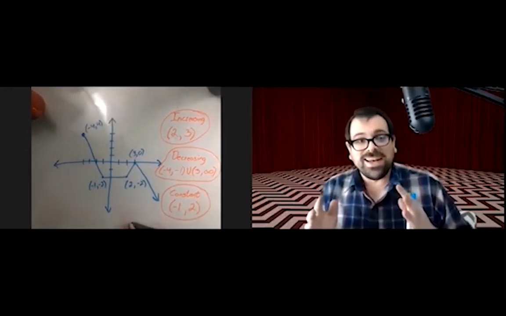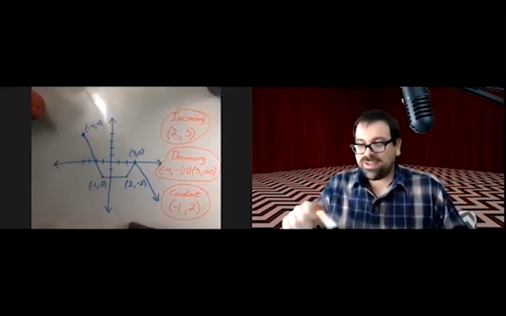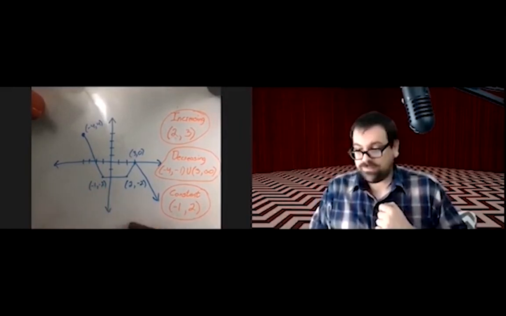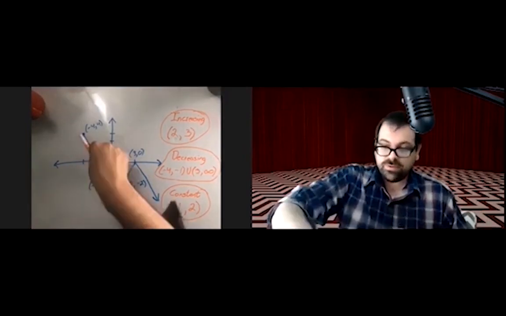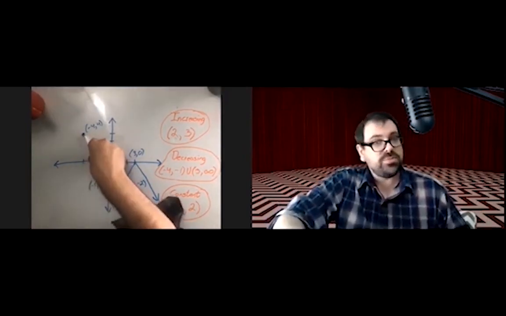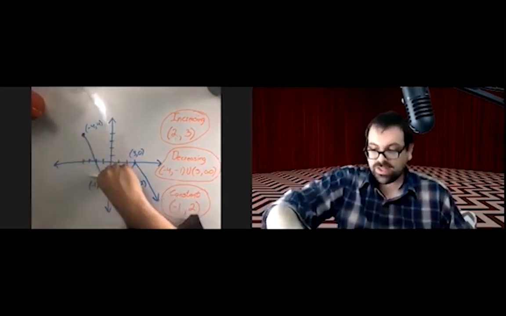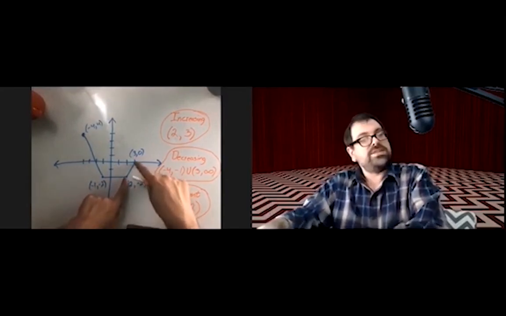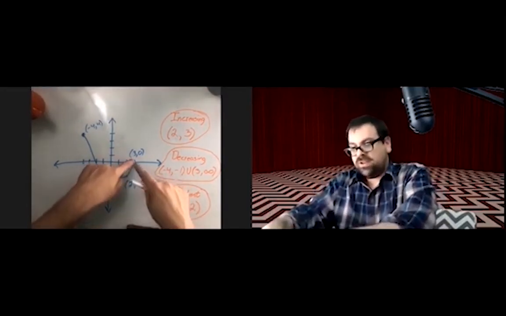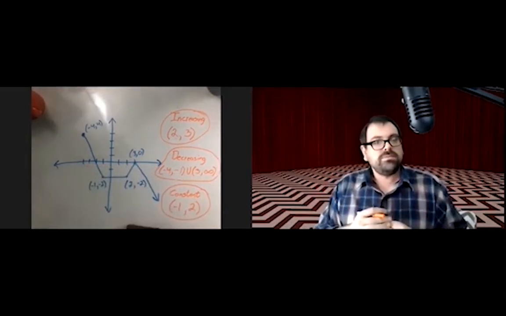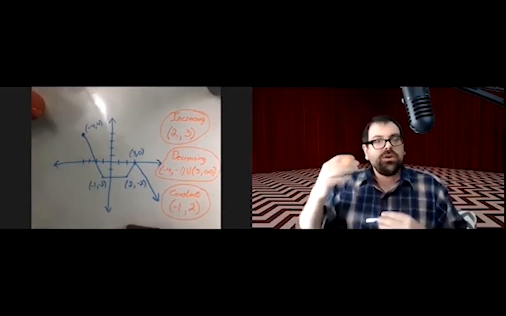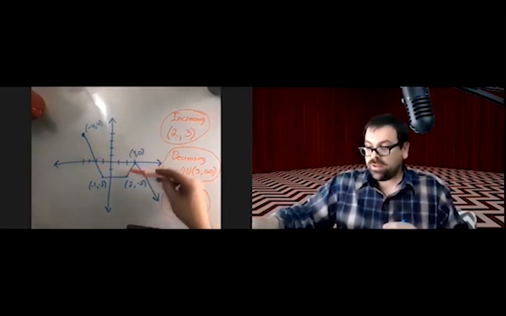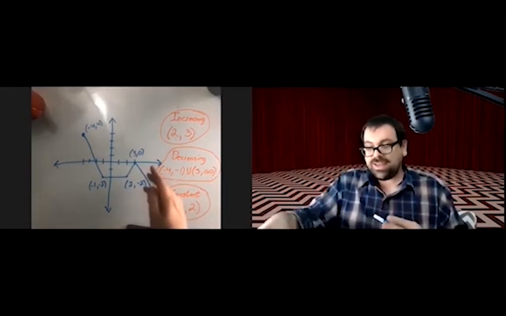If we really wanted to get into it, and we're not going to, this can be defined by a piecewise function. If you found the equation of the line through these two points, the equation of the line through these two points, the equation of the line through these two points, and the equation of the line from here on, you could build a piecewise function in four pieces that gives this.